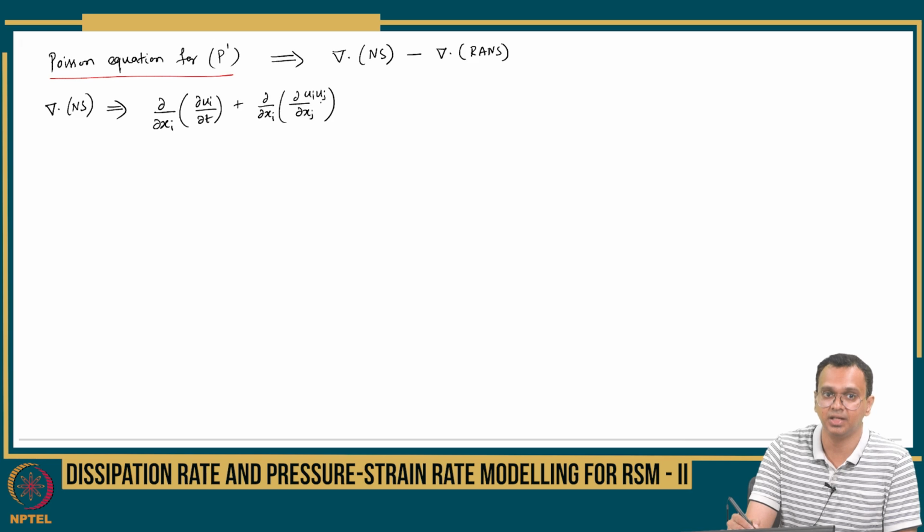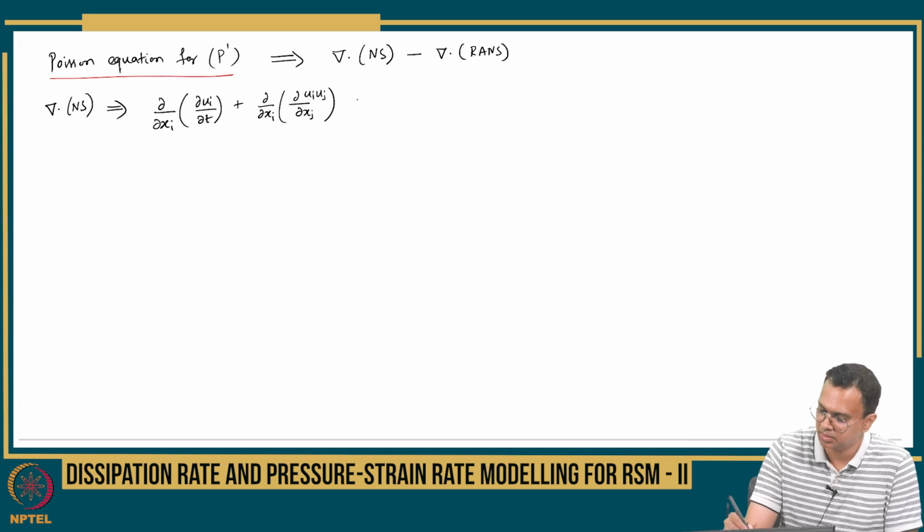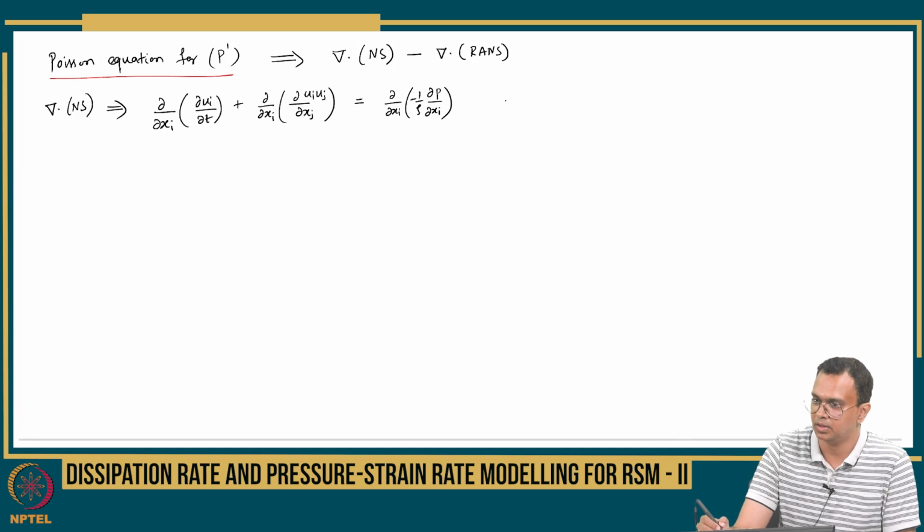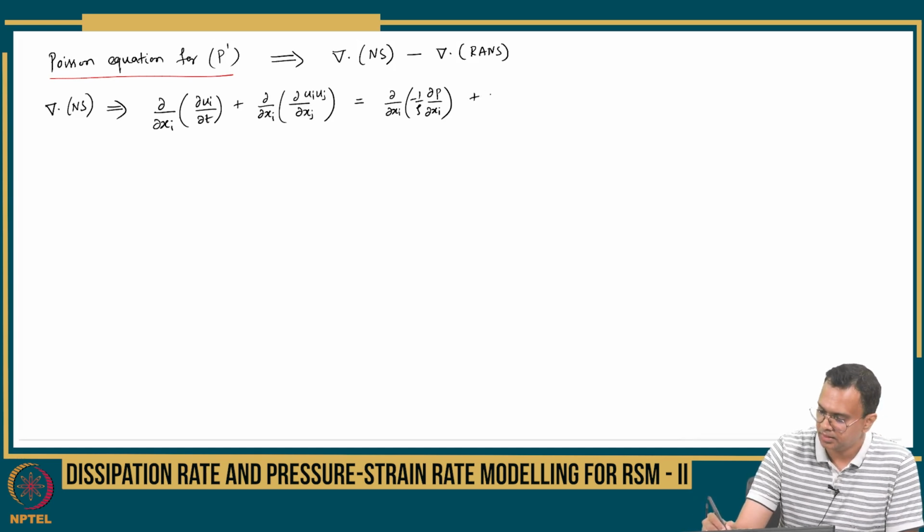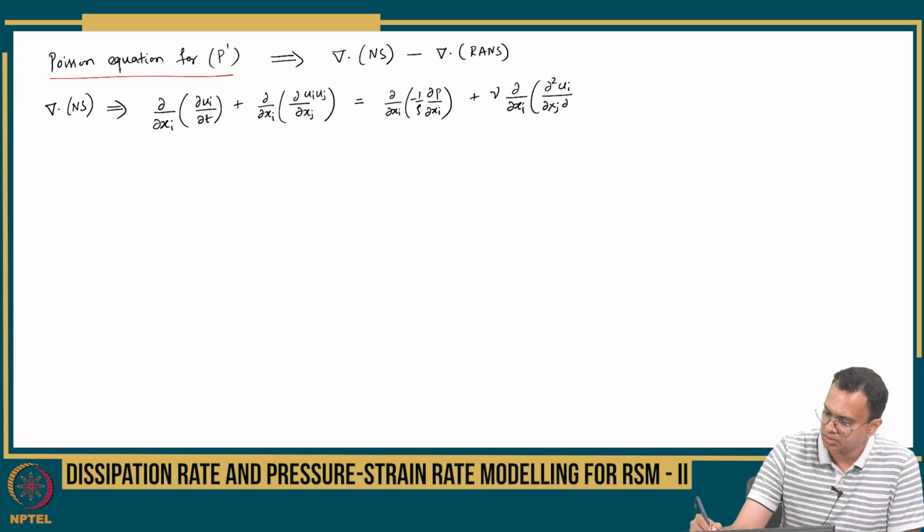I am taking the conservative form here, okay, equal to dou by dou xi of minus 1 by rho dou p by dou xi, the density I left it, and I have the viscous part, which is nu dou by dou xi of dou square ui by dou xj dou xj.